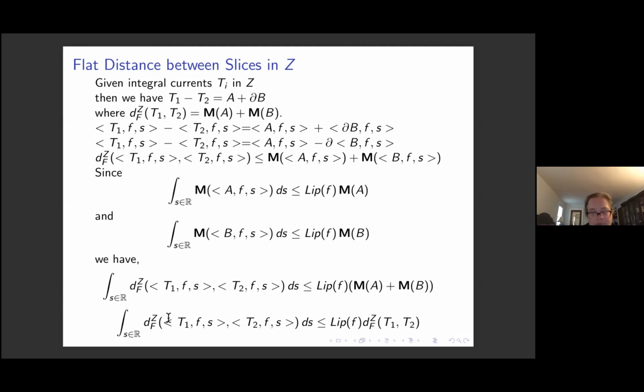That means the integral of the flat distances is less than or equal to the Lipschitz constant times the flat distance from T1 to T2, because remember, mass A plus mass B was achieving this flat distance from T1 to T2. So now we have this estimate on controlling the flat distances between slices.